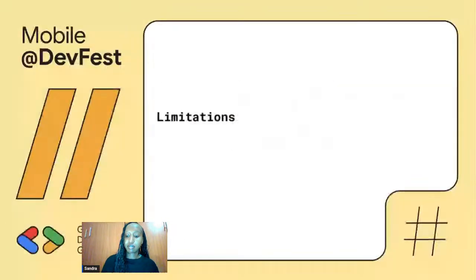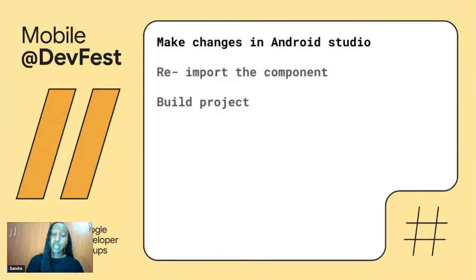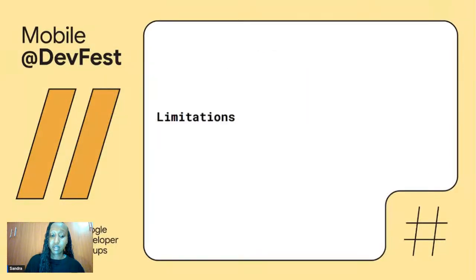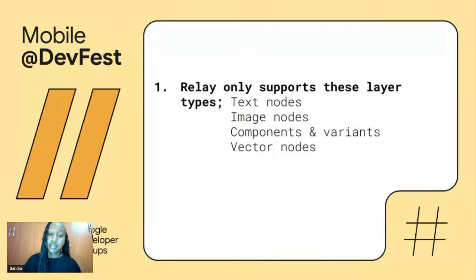So yeah, we've already made the changes in Android Studio by re-importing the project and then built it again. It's been the last couple of minutes. So some of its challenges, really, first of all, it's still in alpha. It's new technology, still being worked on, so there are some blockers that one can face.